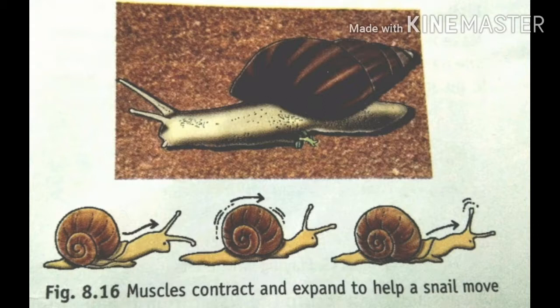The snail is dragging its shell along with its body. Snail has a head-like structure with two antennae. These two antennae we call tentacles. Snail has eyes on the top of these tentacles. The muscular foot produces a series of wave-like movements that help the animal move forward.